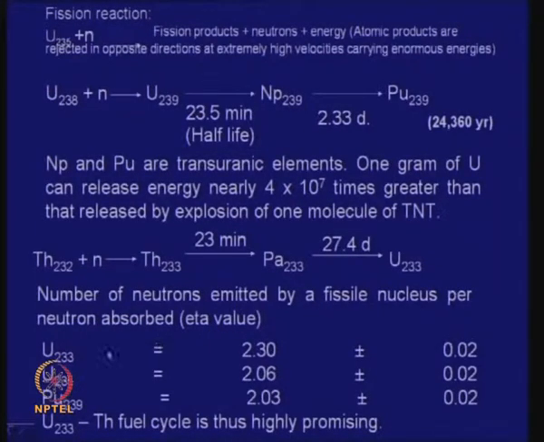We find uranium-233 gives 2.30 neutrons per neutron absorbed, U-235 2.06, plutonium-239 2.03. Therefore, the uranium-233 which comes from the thorium fuel cycle is most highly promising.